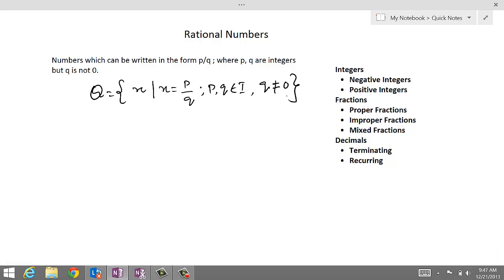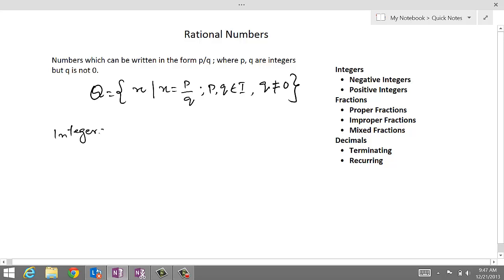Let's see which numbers we know of or can be written in this form. Let's start from integers. Integers are of course positive integers as well as negative integers. All the negative integers, let's say typically -3.